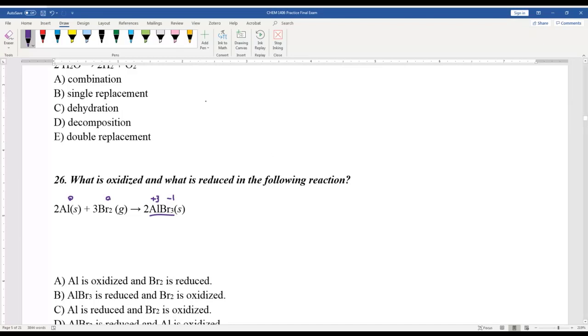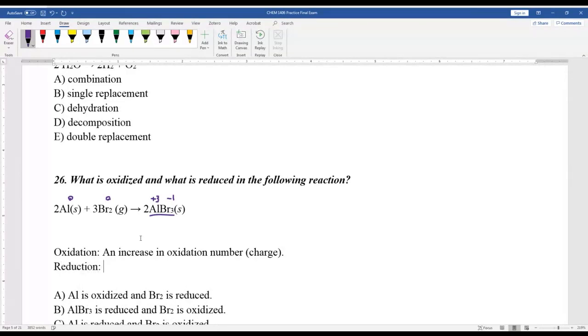you have to understand a couple different definitions. Oxidation is an increase in charge, an increase in oxidation number, which in most cases is equivalent with charge, at least in your case.